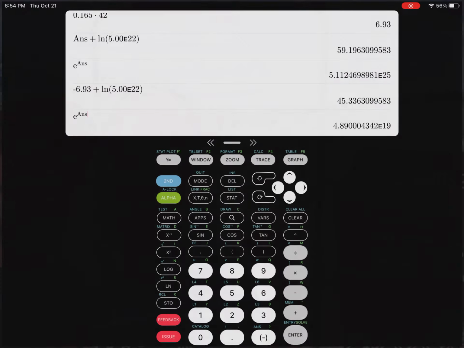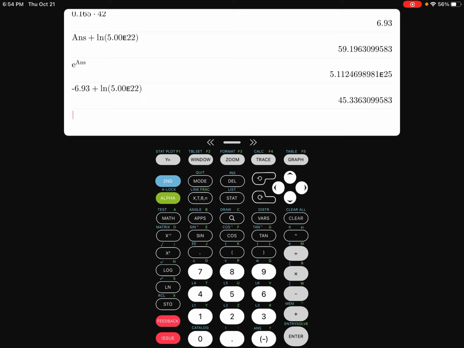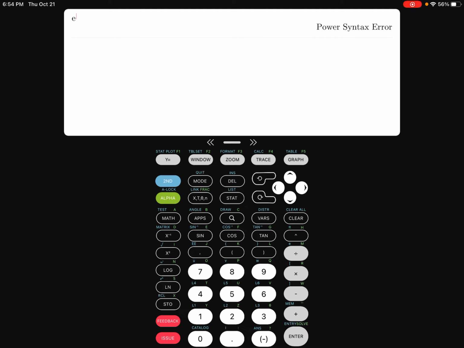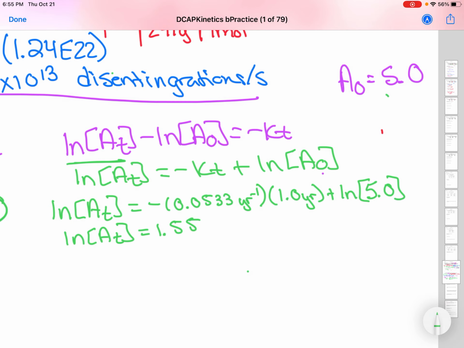And so I'm going to go back to my calculator and just remind you that you do second natural log, the inverse, and then we put in that 1.556, and I get 4.7 grams. So my A T equals 4.73 grams.